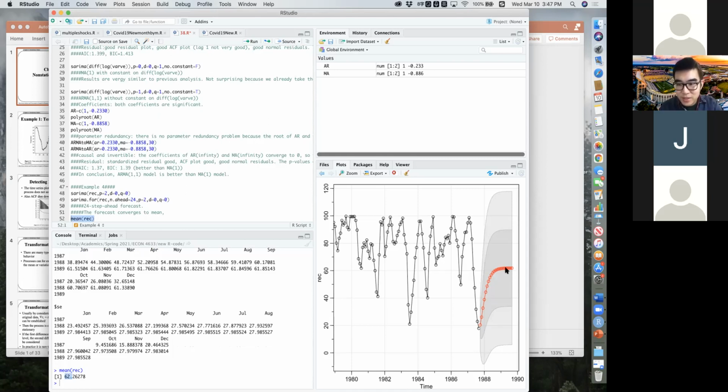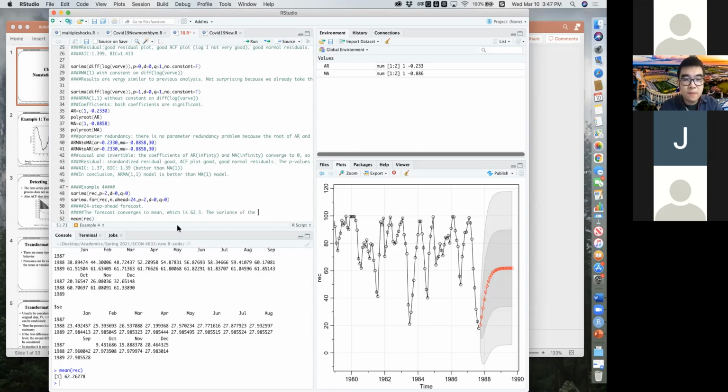This is exactly the same as the theory suggests. As you increase the number of forecast steps, the forecast will converge to the mean.